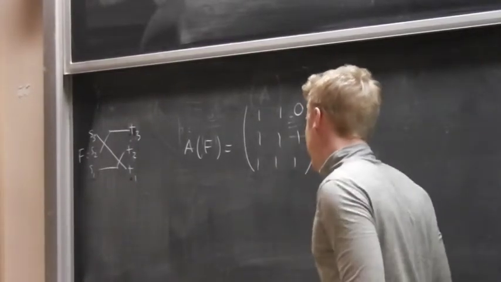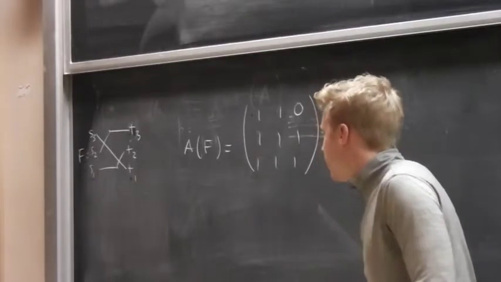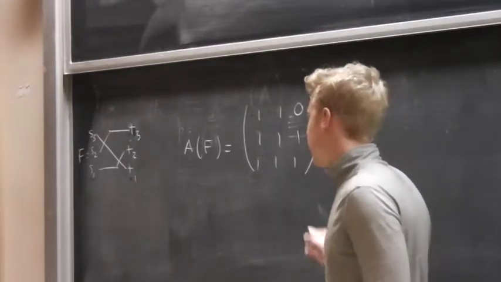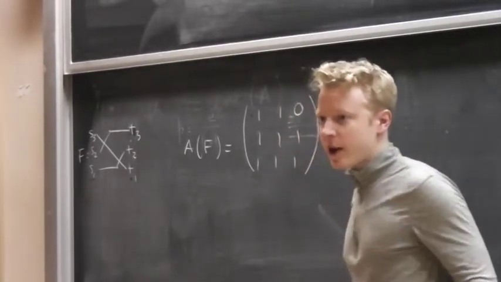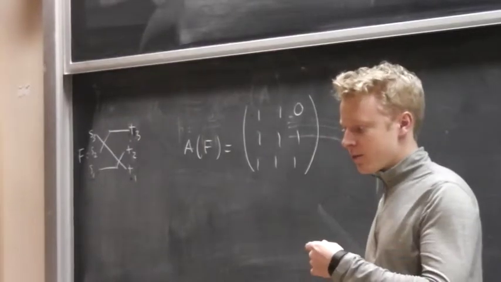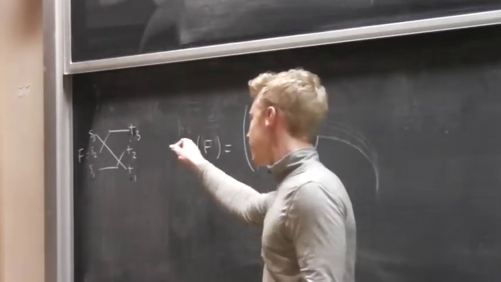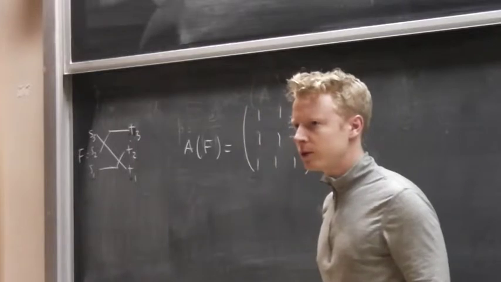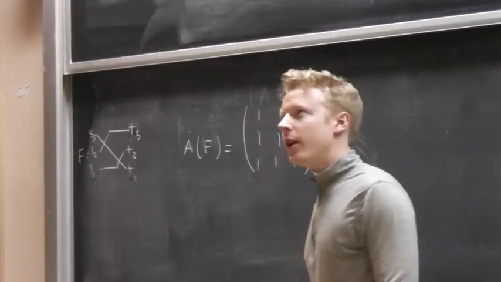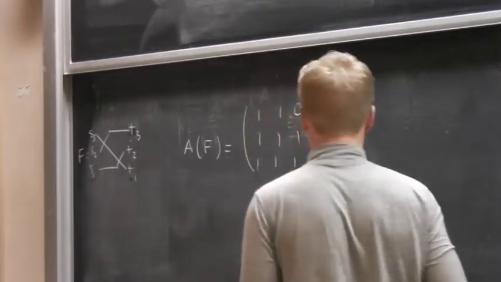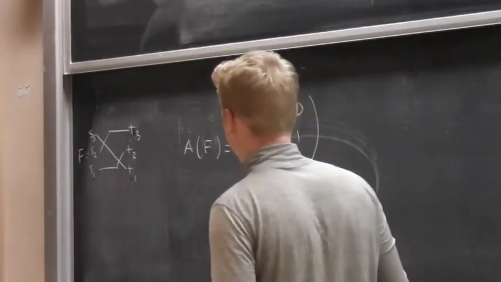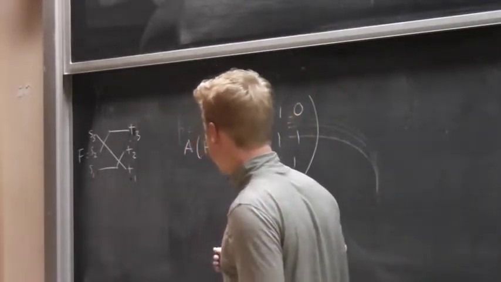So I said you can record the number of paths, but in general, if you allow the paths to be weighted, then these matrices record the total weight of all those paths. The matrices you get corresponding to all planar networks like that are totally non-negative matrices. And what Lindström's lemma says is that for any matrix like that, we can evaluate the determinant in a combinatorial way.